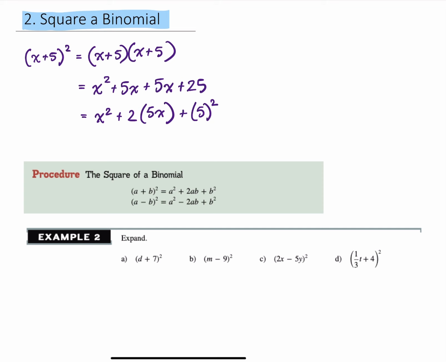Just to show, if this is a plus b, there's our a squared. You can write this as plus 2 times a times b. And then there is b squared. That will be our general pattern.